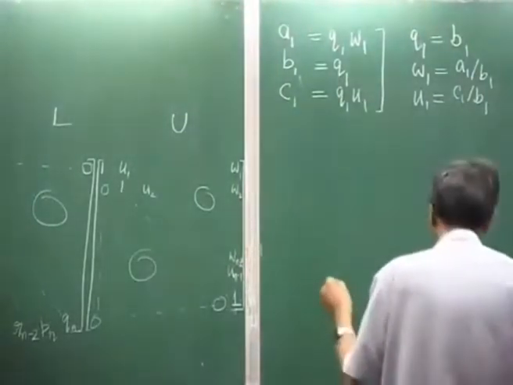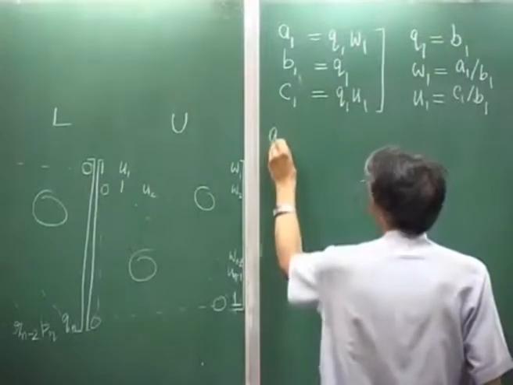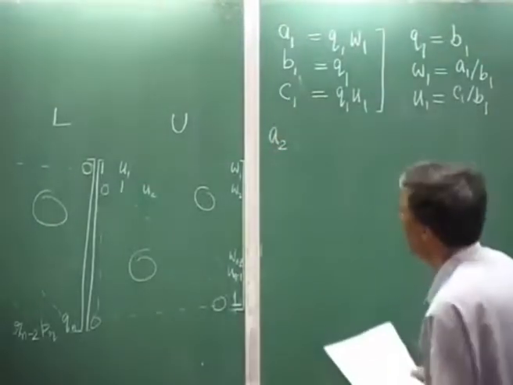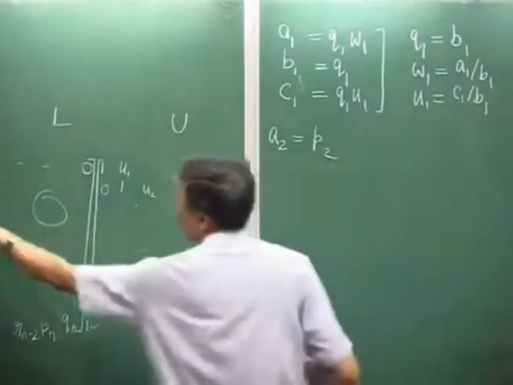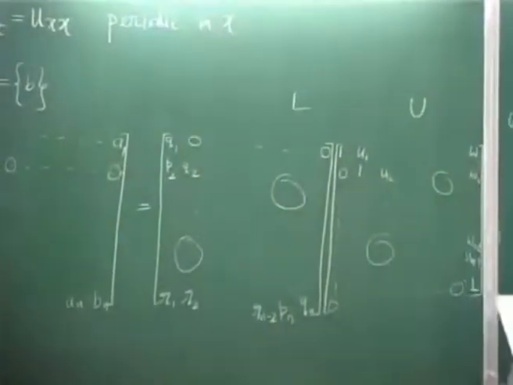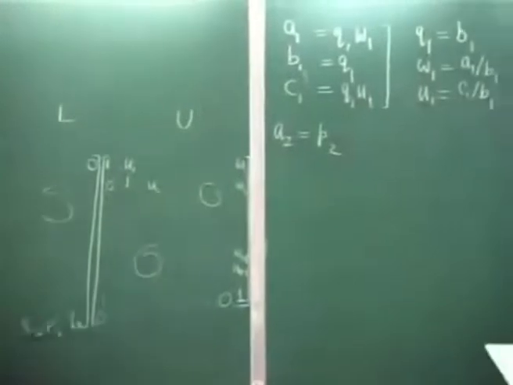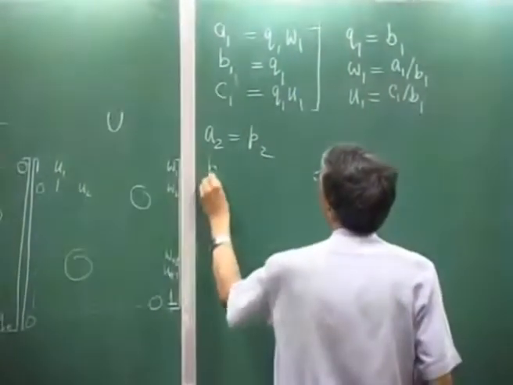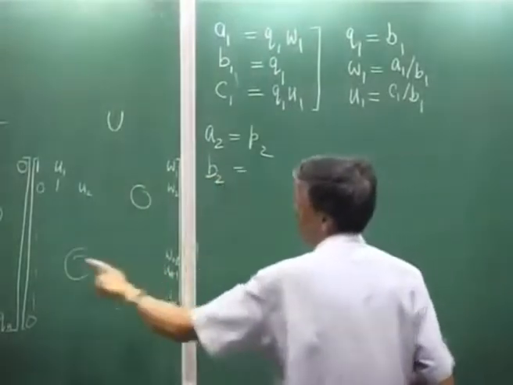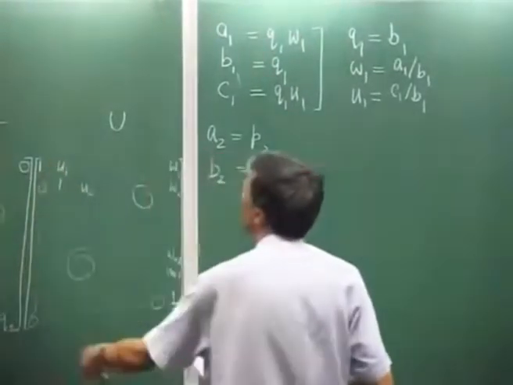Second row of A 2, what should we get? A 2 should be equal to simply P 2, right. So, I am just multiplying this with the first column, that would yield A 2 equal to P 2. What about the second one? We will multiply again the second row with the second column.